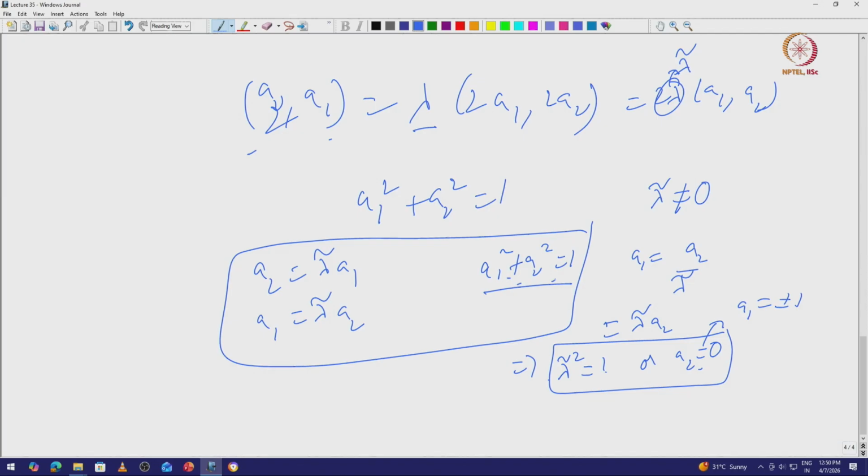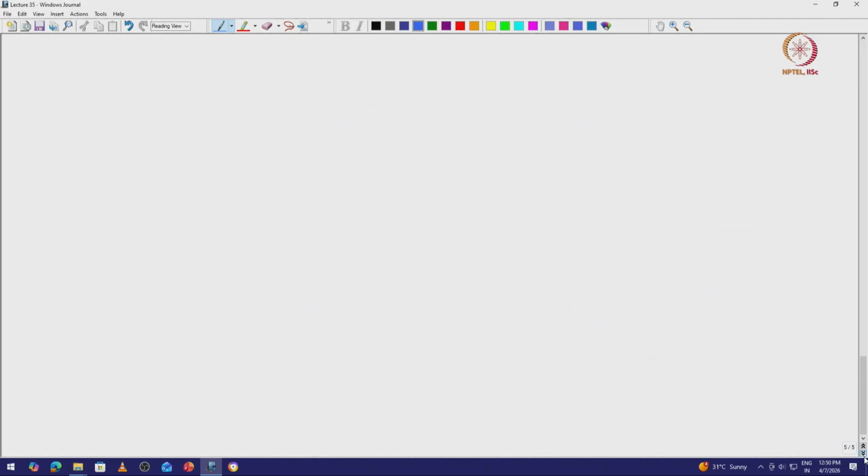When lambda tilde square is 1, that means lambda tilde is plus minus 1, which means that this is plus minus a2. Since a1 square plus a2 square equals 1, then a1 and a2 are plus minus 1 by root 2, which is what we obtained in the previous calculation. So, this is one example.